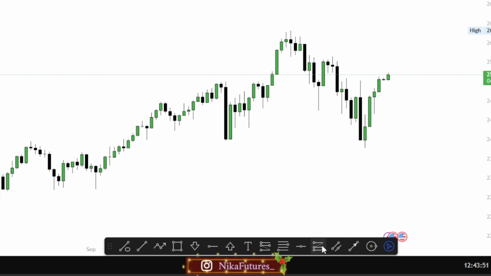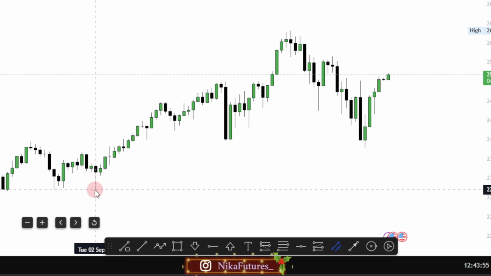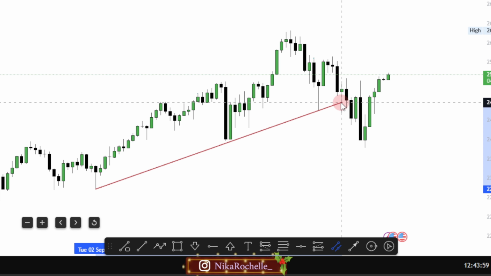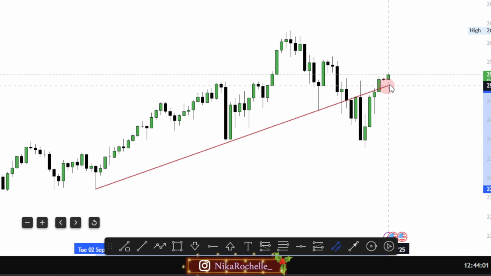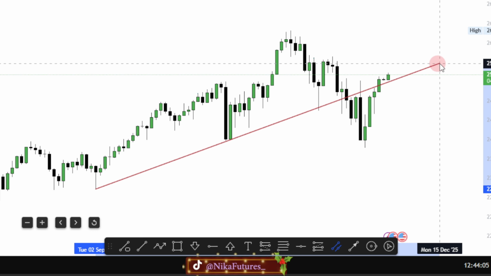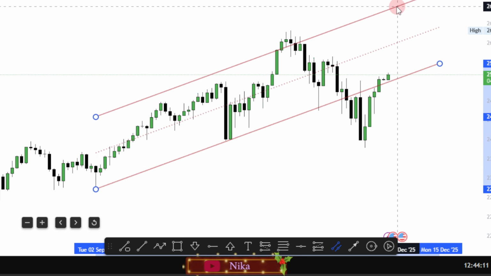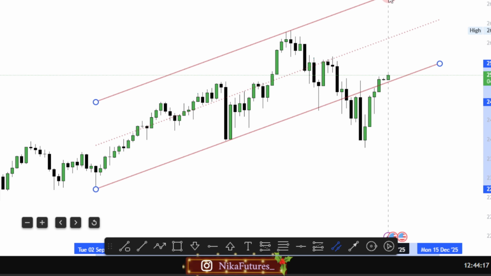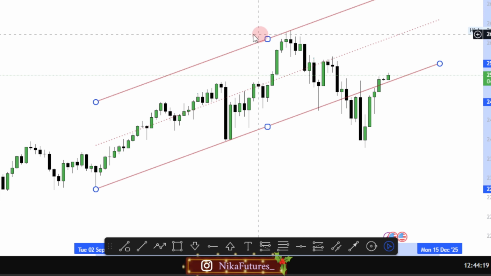And if it's not aligned perfectly, you just go back. I want to get it on the point of the candle. I always use the wick of the candle, not the body of the candle. And you want price to touch it multiple times. So I like that. And then I would bring it to the top of the swing high, which is this point right here.